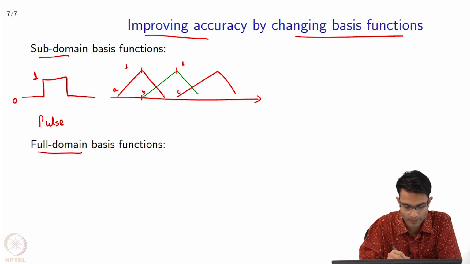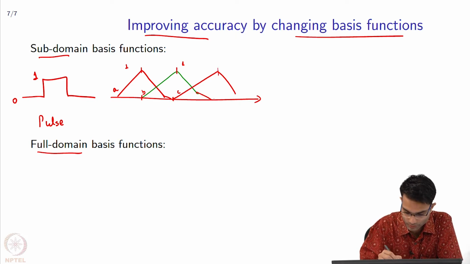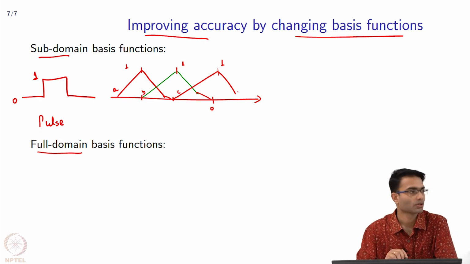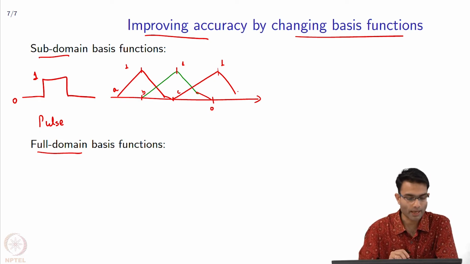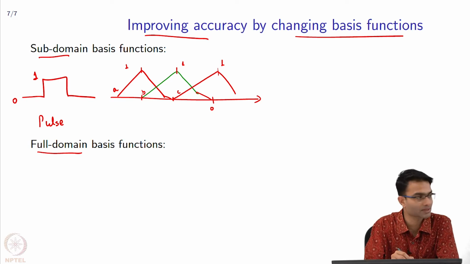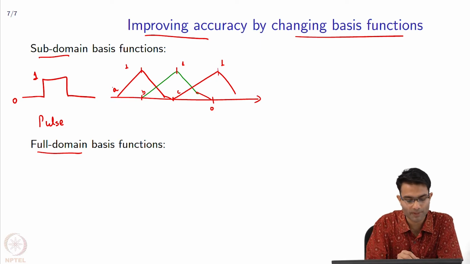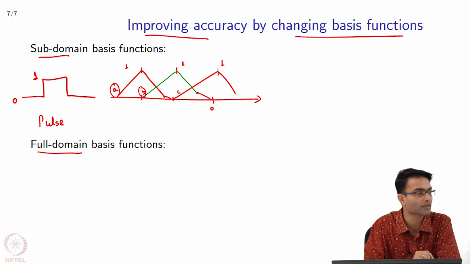My drawing is a little bad, but this 0 is supposed to come over here, and similarly this should match. So A is the first basis function, B is the second, C is the third, and so on. Let's just take basis function A and basis function B.